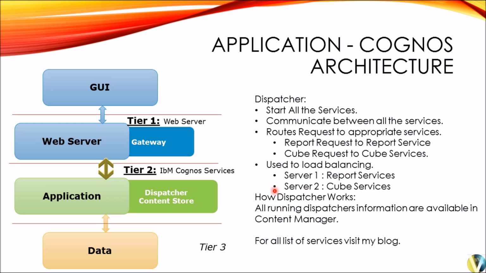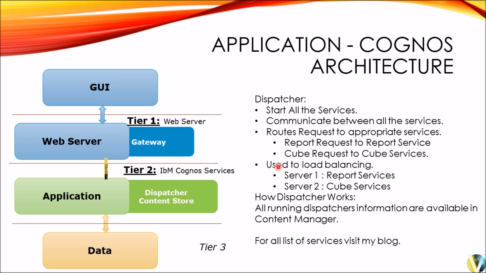Now how does the dispatcher work? Once the dispatcher starts its services, it first registers all its information in content manager, and for different servers we have different dispatchers. All this information is available in content manager.